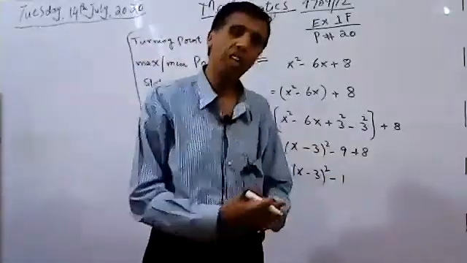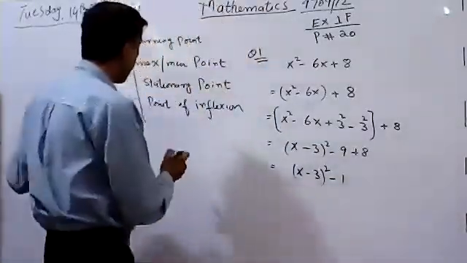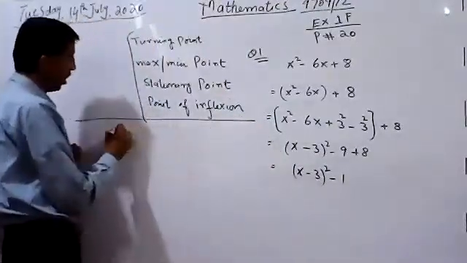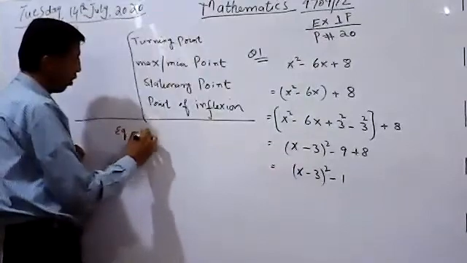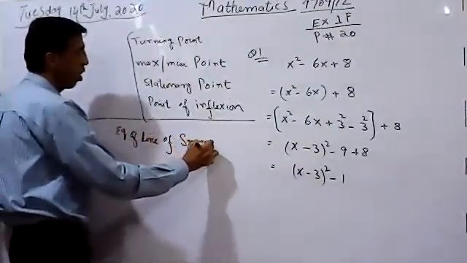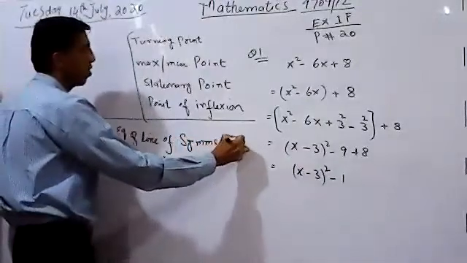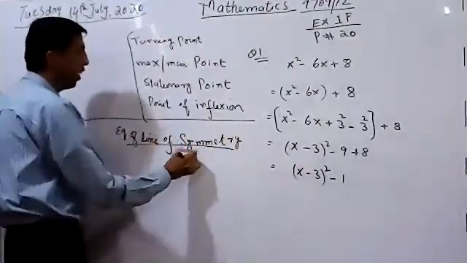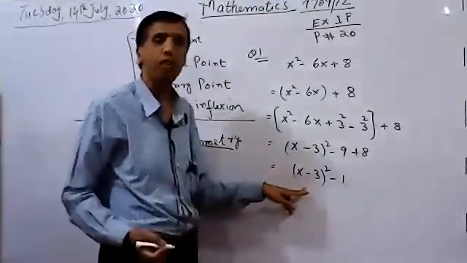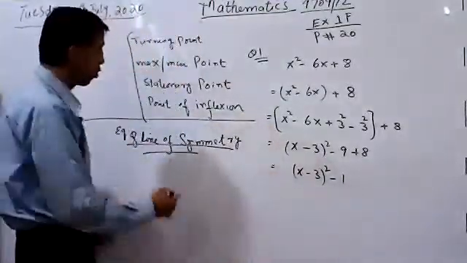Now the further thing is, we have to get the equation of the line of symmetry. The first thing is this. How will we get it? Whatever the value of x is in the squared form, we will keep it equal to 0.